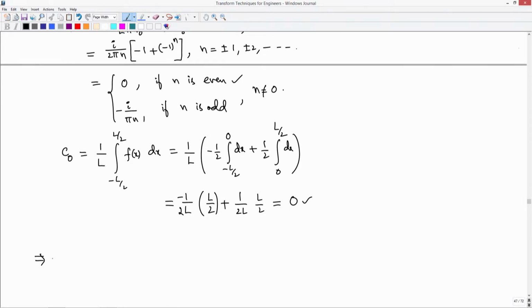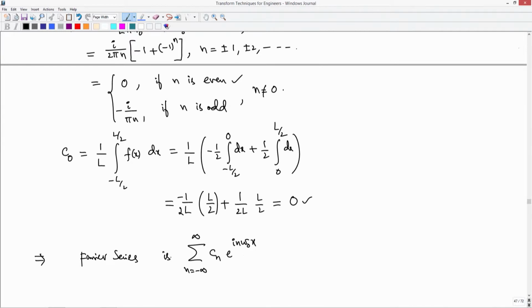So, this implies your Fourier series for the given function is sigma Cn e power I n omega naught x, n running from minus infinity to infinity.